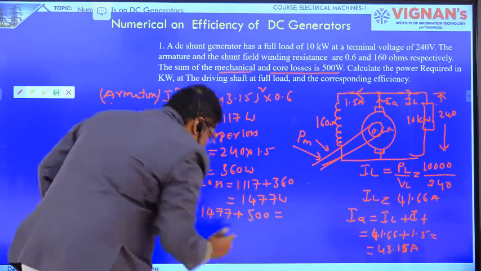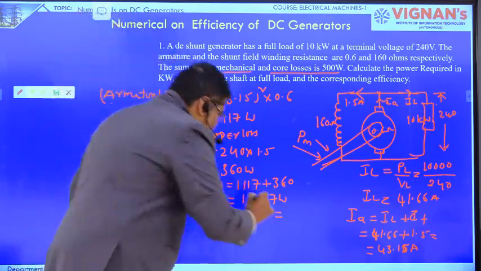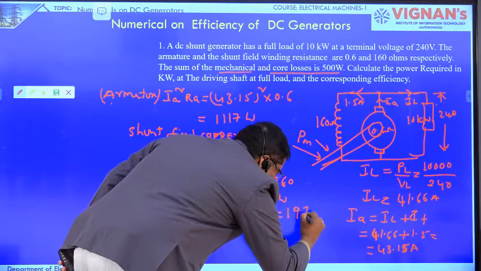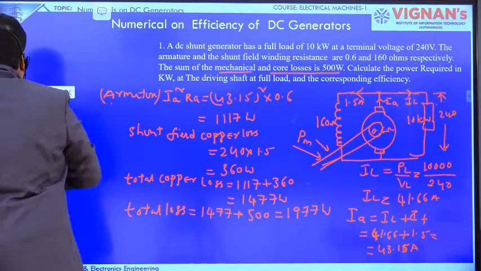We get the value as 1977 watts. These are the total losses.